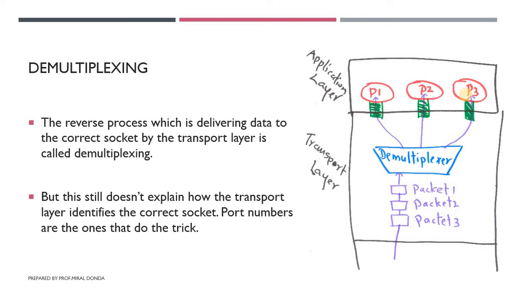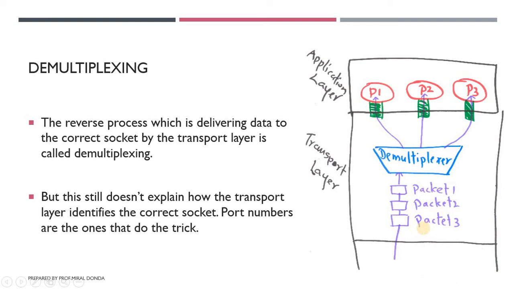So it is compulsory to deliver the right data packets to the right process. The reverse process, which is delivering data to the correct socket by the transport layer, is called demultiplexing, but this still doesn't explain how the transport layer identifies the correct sockets. Port numbers are the ones that do the trick.